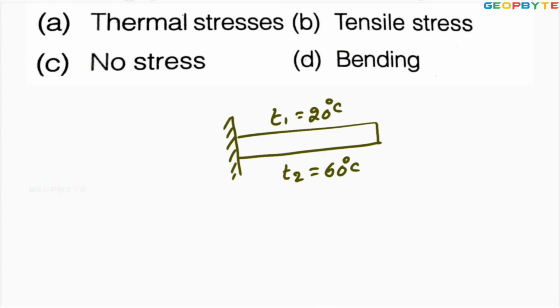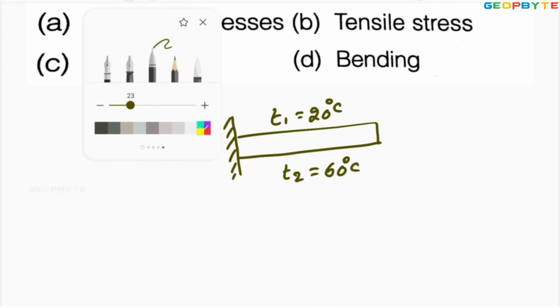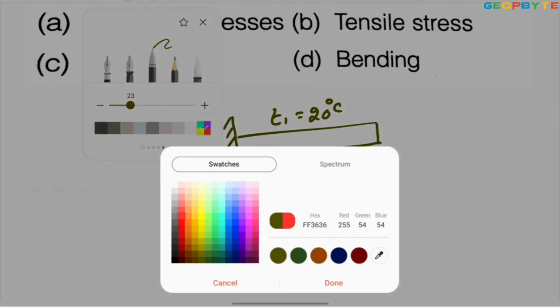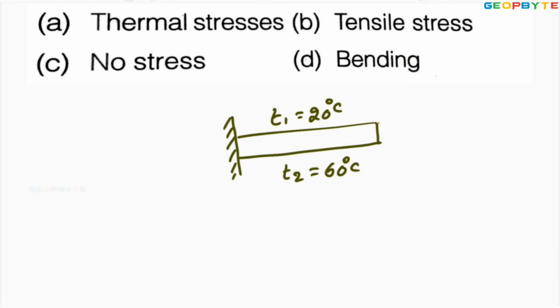Because of this increase in temperature, definitely the body starts deformation. This is how the body deforms under heating or while the temperature is rising. My dear friends, remember, as long as the body is freely expanding, no thermal stresses are developed.